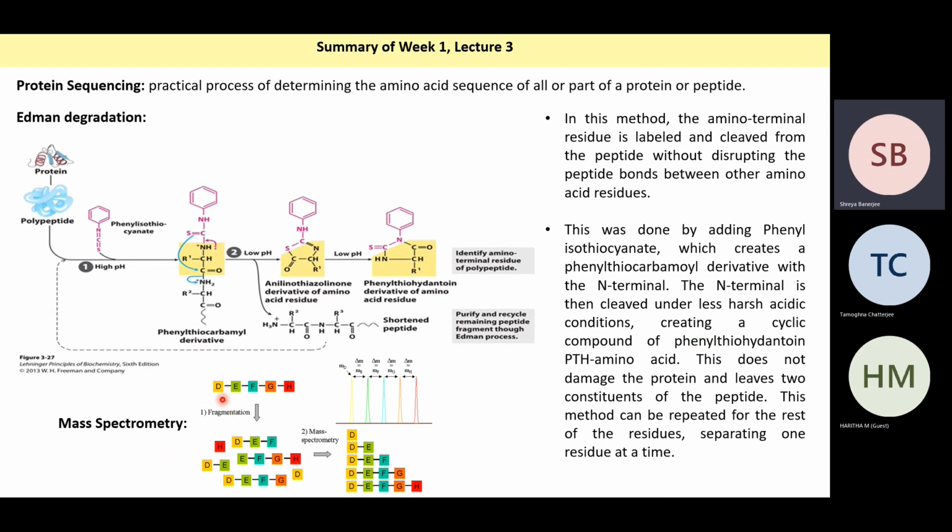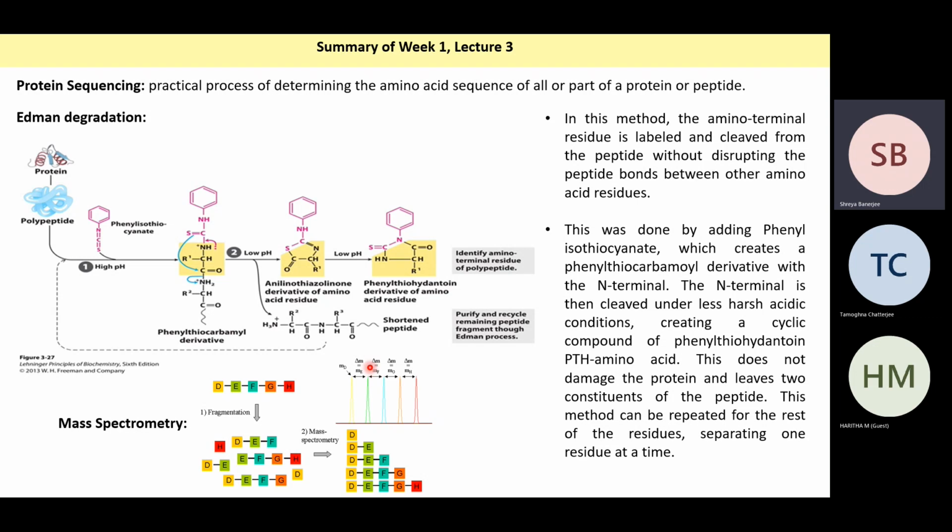So in mass spectrometry, once you fragment the different peptides, there are fragments of different sizes. So there can be 4 amino acids, 5 amino acids, and then you take the mass. In the mass spectrum, you will get different peaks for the different size fragments. For the smallest, the peak which is at the lowest mass will be for only 1 amino acid.